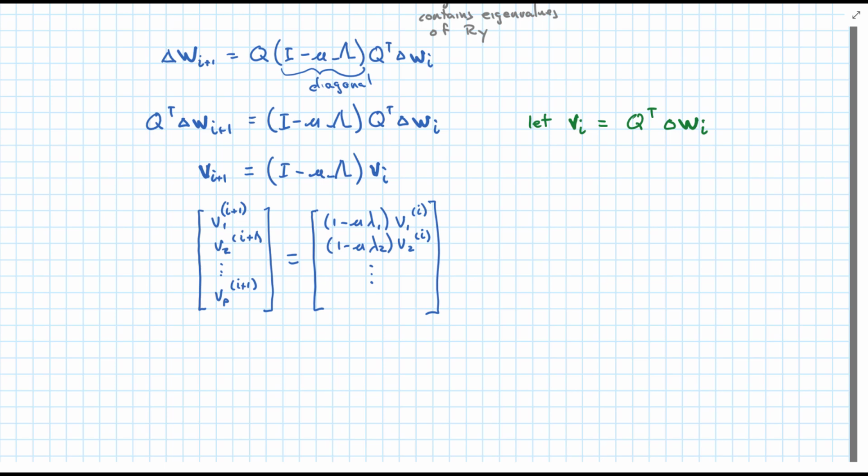So these equations are now decoupled, and we can just express this generally as V k at i is equal to 1 minus mu lambda k, and we can raise this to the i power, times V k of 0, our initial guess.